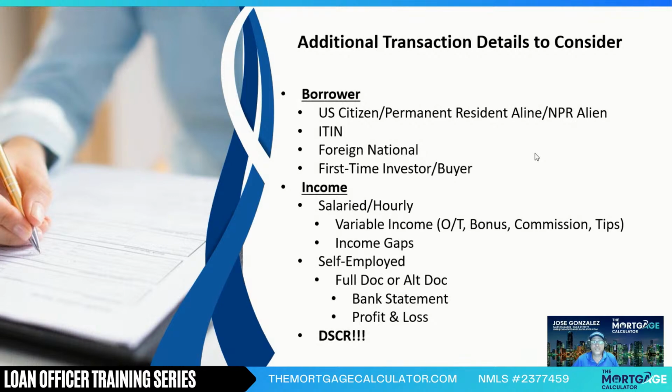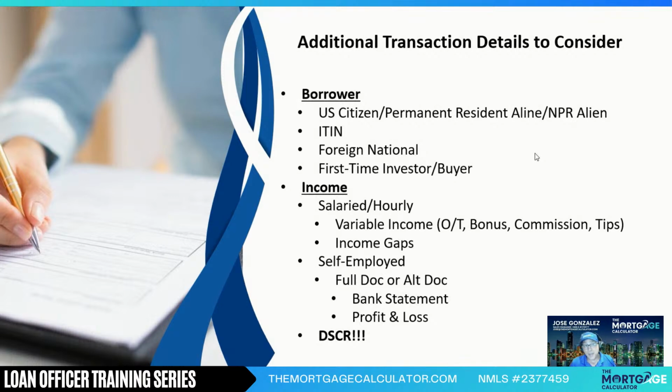And then income considerations. Is your borrower salaried or hourly? If they are salaried or hourly, is there any variable income component like overtime, bonus, commission, or tips, to name the four most common variable income types? Are there any income gaps on your salaried or hourly buyer?